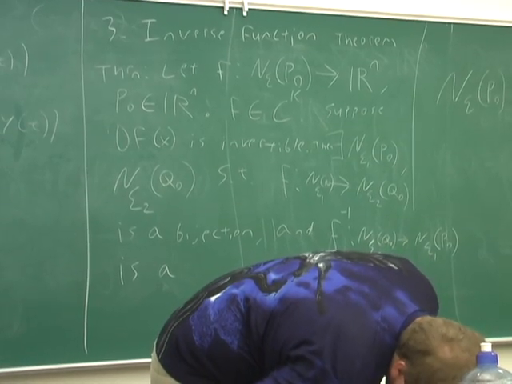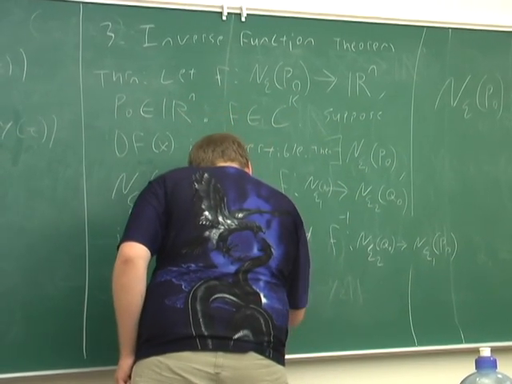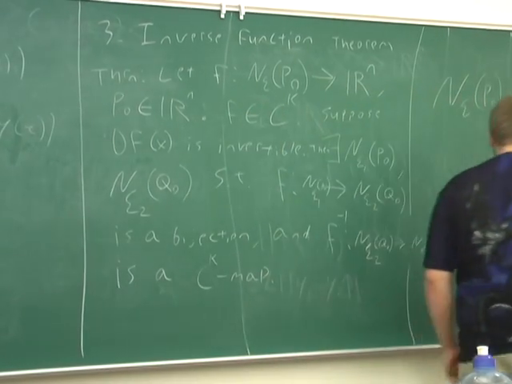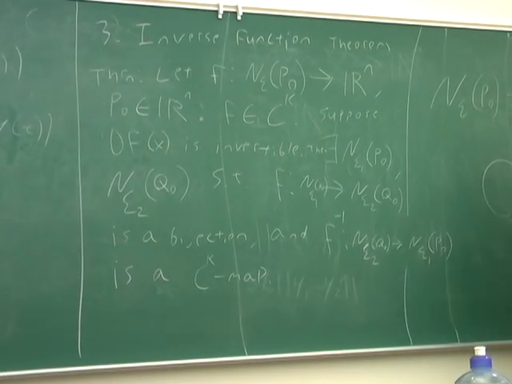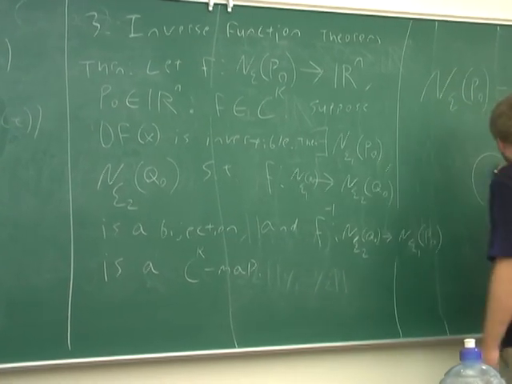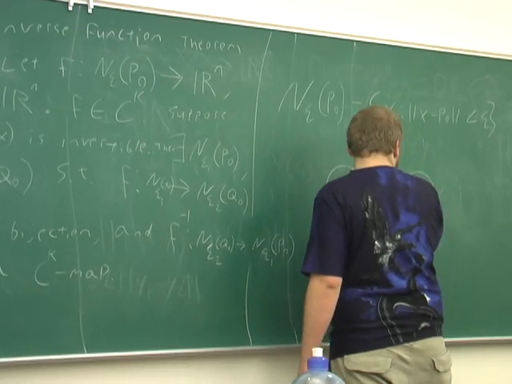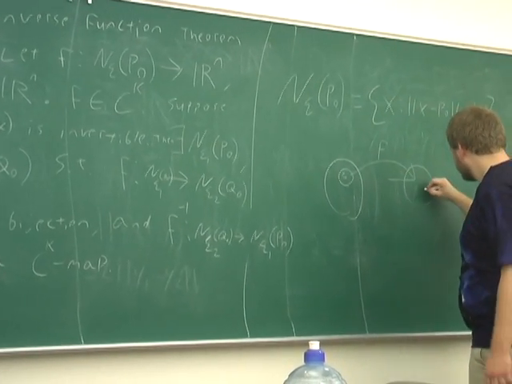Basically, what it says is that if a map is defined in a neighborhood of a point and the Jacobian is non-degenerate at that point, then there exists a neighborhood where it is invertible, like this bijection. But it's only local.